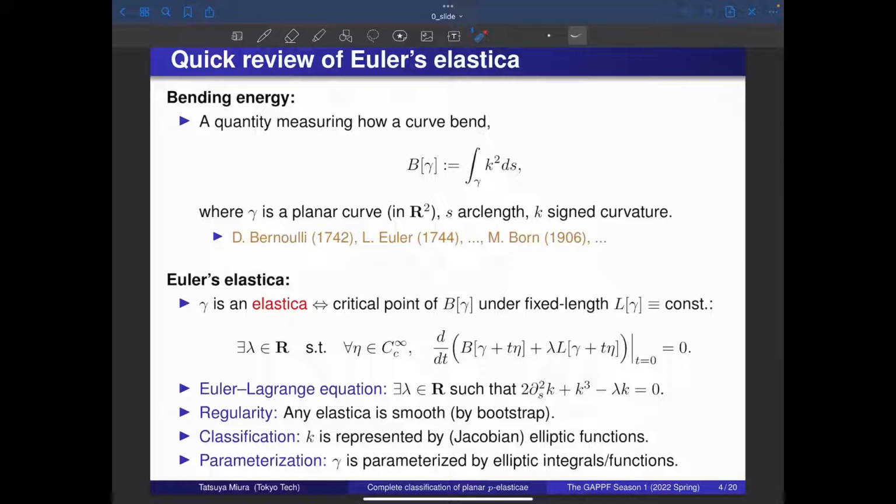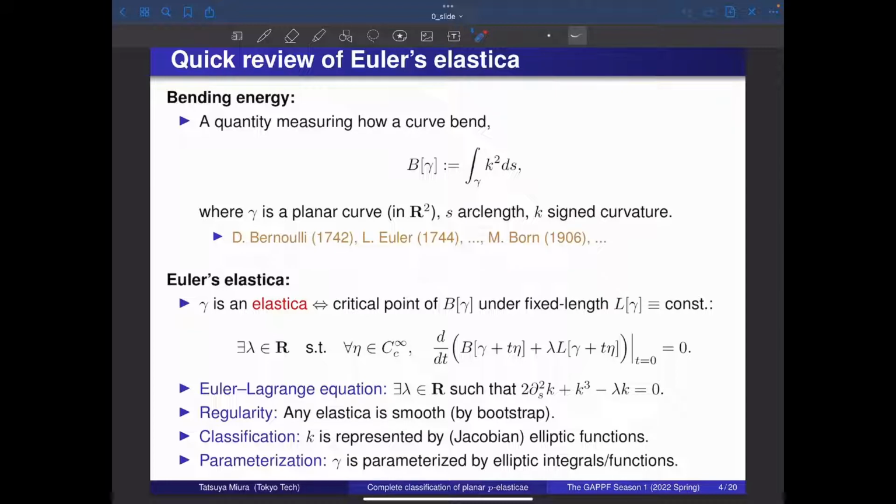And more fortunately, we can also classify all the solutions in an explicit way. In fact, any solution k to this ODE is known to be represented by Jacobi elliptic functions.